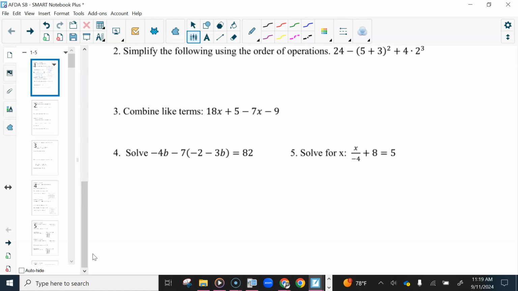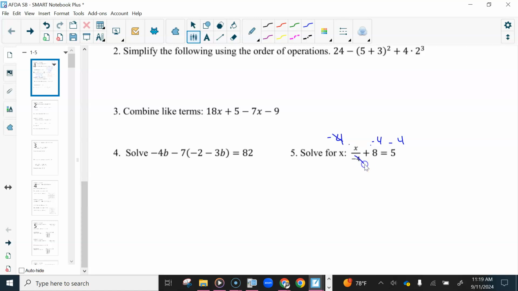Because I mentioned that you could have multiplied everything by negative 4 first. True. But because I'm choosing to do that, I can multiply every single thing. I can't just multiply this part. I'm going to multiply this by negative 4, this by negative 4, and this by negative 4. And I'm not breaking any math rules because I'm still multiplying to both sides. I just have to multiply to everything.